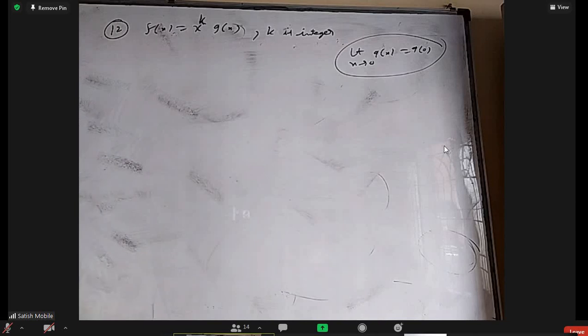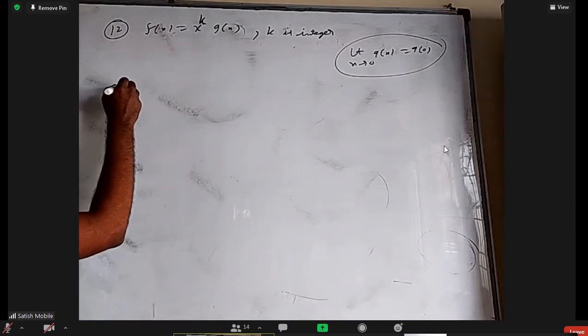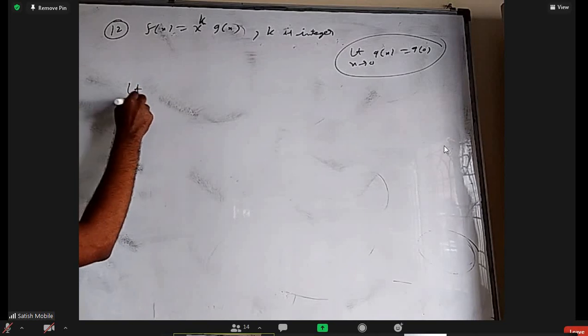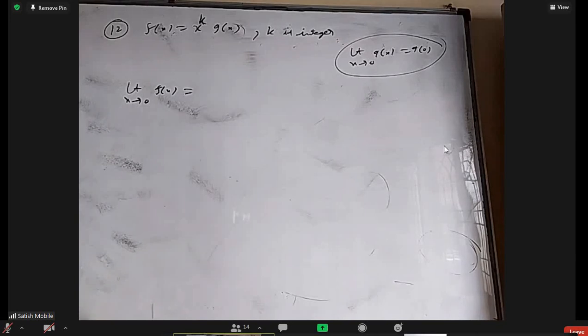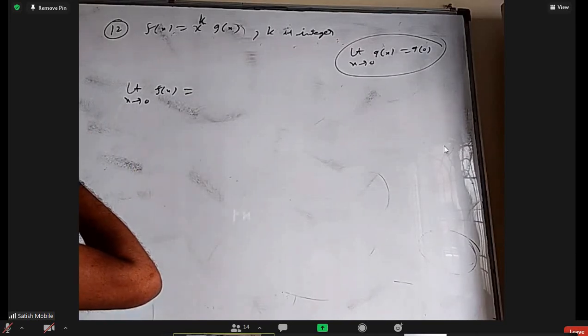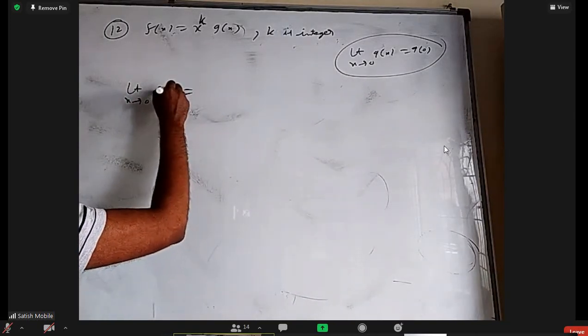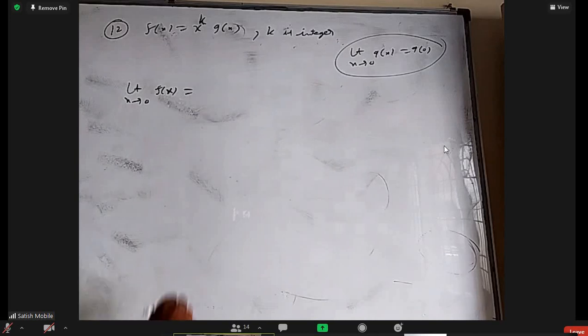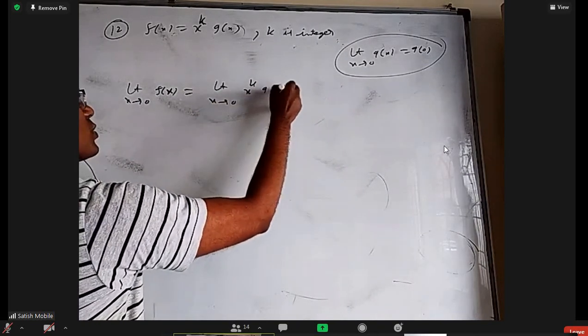So obviously f is continuous at 0. Why? Let us see what is limit x tends to 0 of f of x, which is limit x tends to 0 of x power k into g of x.